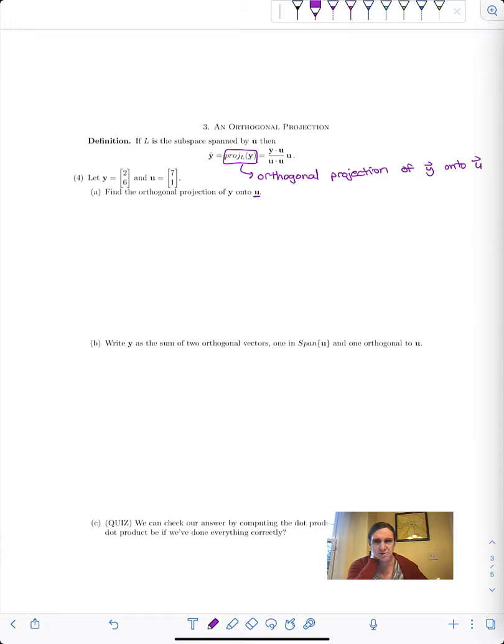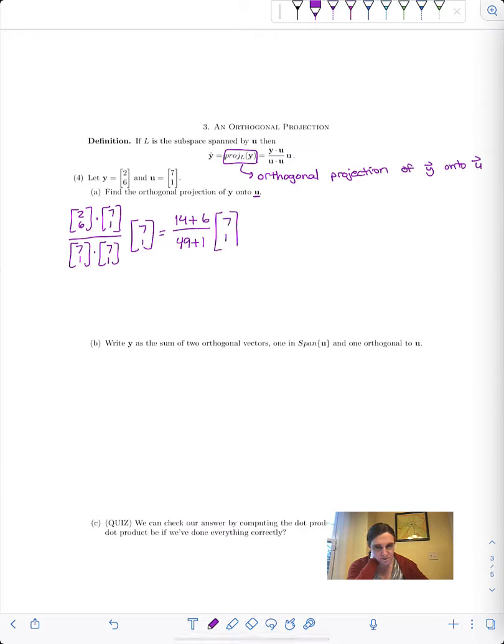But let's go ahead and do this computation so we see what it looks like. So if we want to project y onto u, we do y dot u over u dot u, times our vector u. And so in this case, we have 14 plus 6 over 49 plus 1, times 7, 1, which is 20 over 50 times 7, 1.